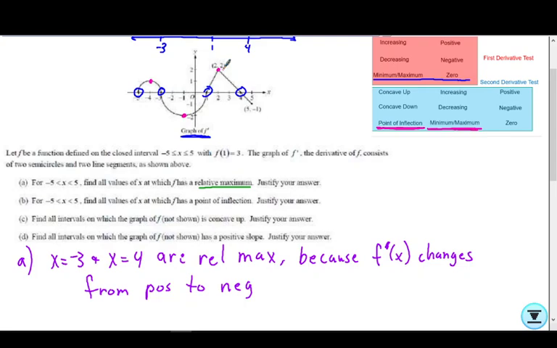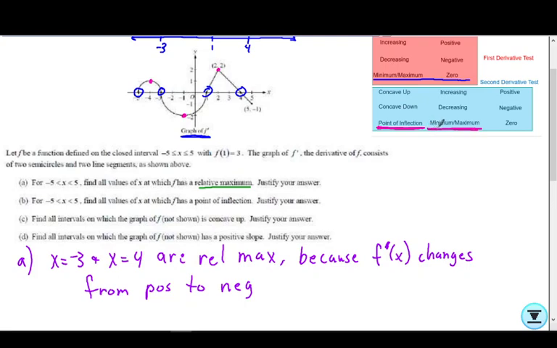So now what we have to do is figure out which one of those are actually points of inflection. So let's look at these 3 points. Basically, a point of inflection is where my function goes from concave up to concave down.